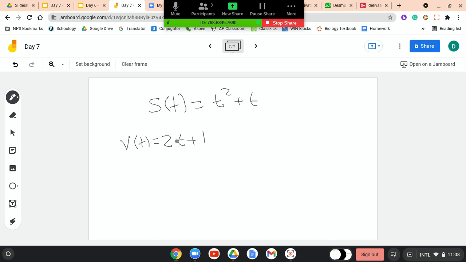So if the rate of change of distance is velocity, if we think about it in a conceptual real-world example, how fast my distance is changing is my speed, then if you have a function that tells you your position or your distance you've traveled, if you take the derivative of that function, the function you get is your velocity as a function of time. Does that make sense?